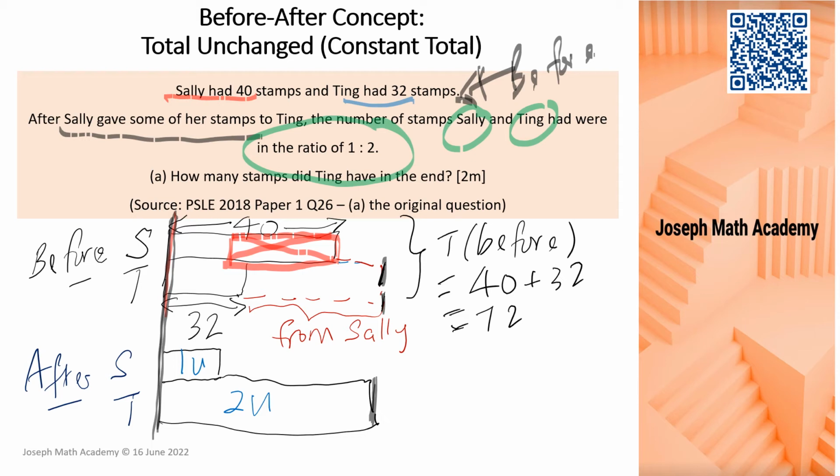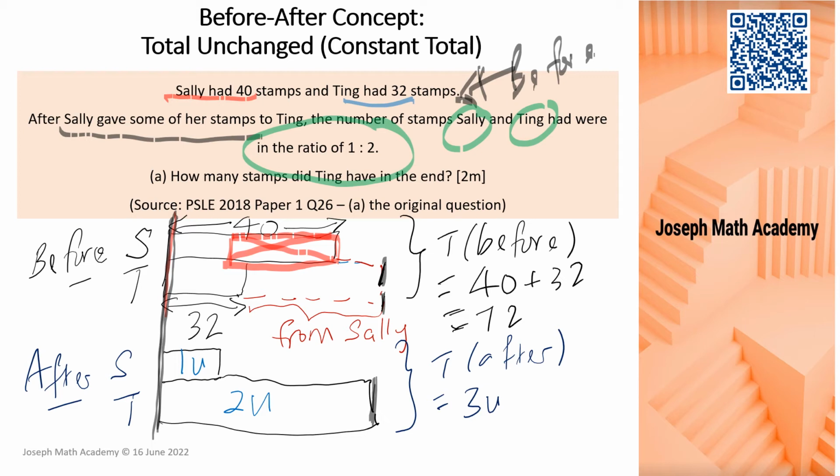Now, what about the total after the transaction? Total after, we have 3 units, 1 unit belonging to Sally and 2 units belonging to Ting.